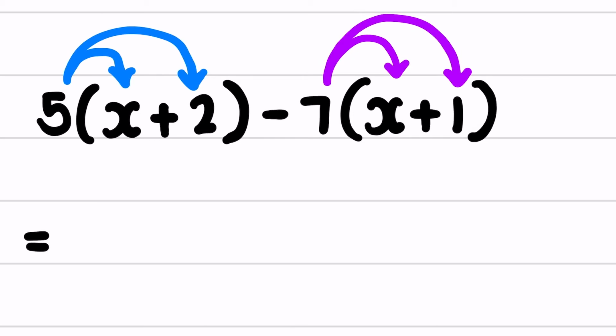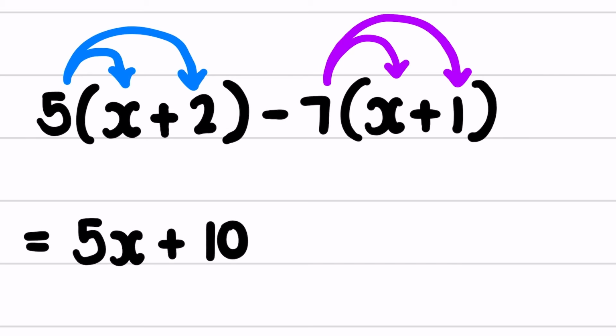So multiplying this out, I'd say 5 times x is 5x. 5 times positive 2 is positive 10. Now I'm done with the first bracket. The second bracket, negative 7 times x is negative 7x. Negative 7 times positive 1 is negative 7.